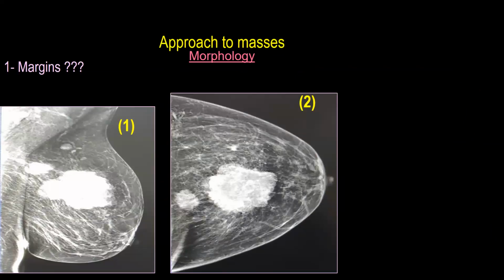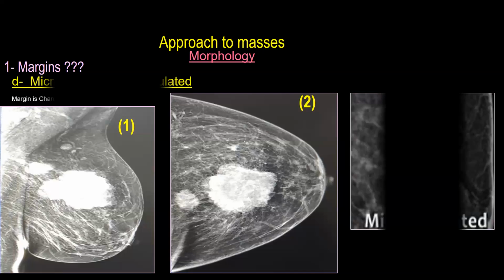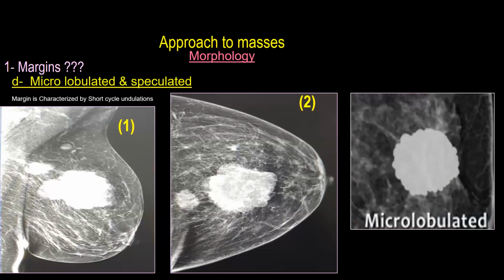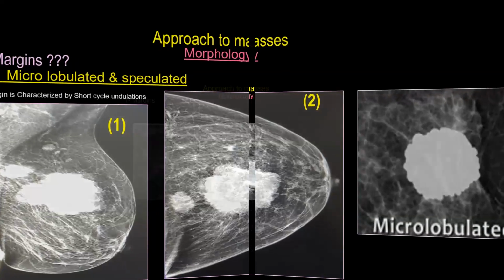Margin. Just margin, one word. When describing the margin, you say either circumscribed, obscured, indistinct, or microlobulated. Microlobulated. Excellent, well done. This is microlobulated. Okay, more exercise.